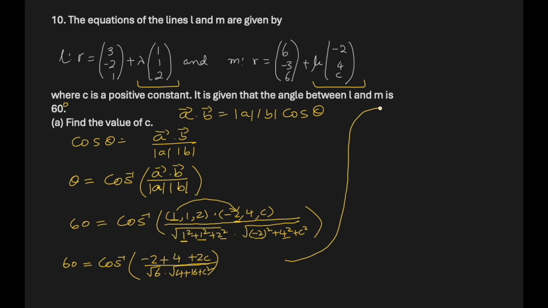Let's try to go here. 60 is equal to cos inverse of minus 2 plus 4 plus 2C over... Rather, why am I using cos inverse? Let me get rid of cos inverse. So it will become cos 60 equal to minus 2 plus 4 is 2, plus 2C.